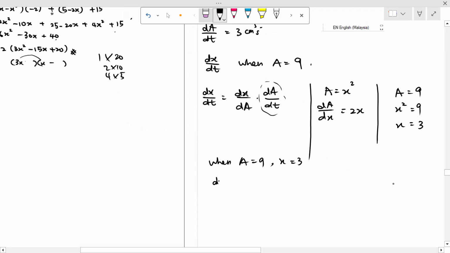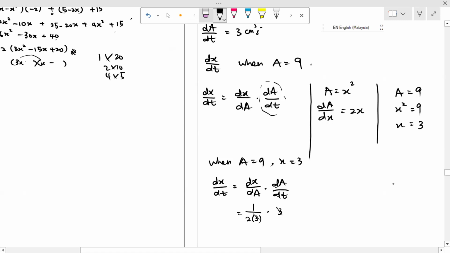At the end of the day, we want x. So therefore, dx by dt will be dx over dA times dA over dt. So dA by dx is 2x. Therefore, dx by dA will be 1 over 2x. So over here will be 1 over 2x, whereby your x is 3, times dA by dt which is given as 3.